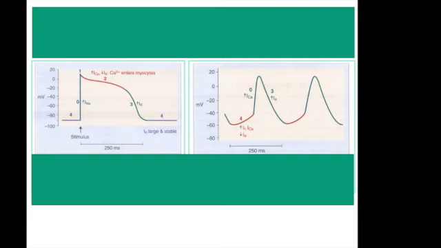So for the significance, those automated cells, they don't need any initiation for the start of action potential, but the ventricular muscles, they need stimulus for the start of the action potential. Excellent.